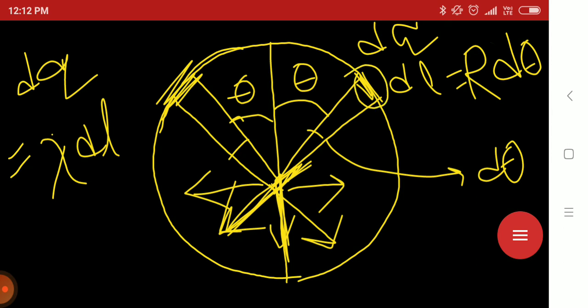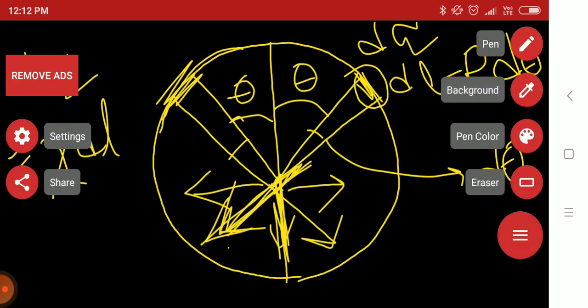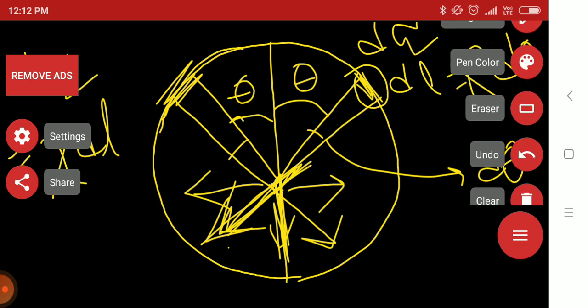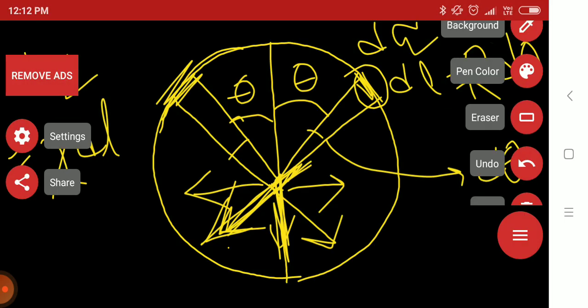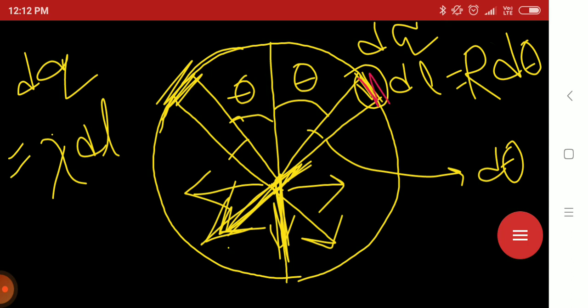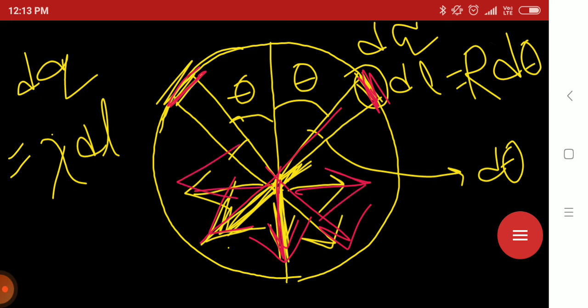Due to this element, the electric field is directed this way.